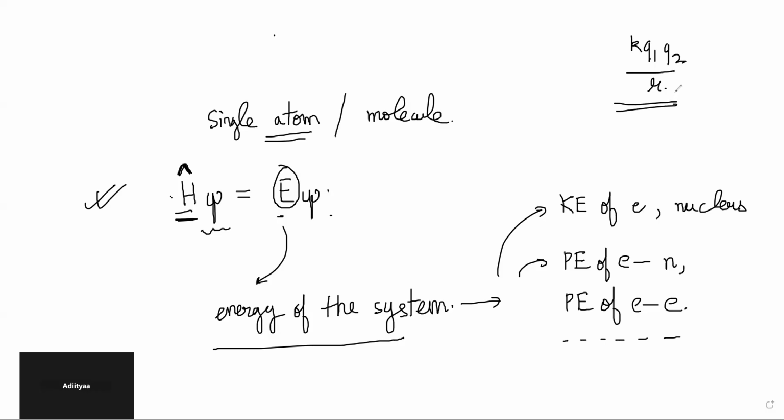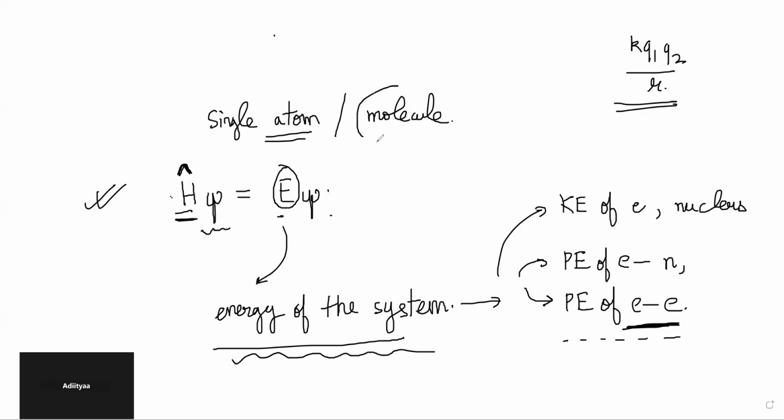Remember that Bohr had ignored the electron-electron repulsion. In Bohr's model, we are ignoring this interaction completely. That's why it was not complete. But here, when we are writing the energy of the system, we have to write the total energy of the system, whatever we can think of.